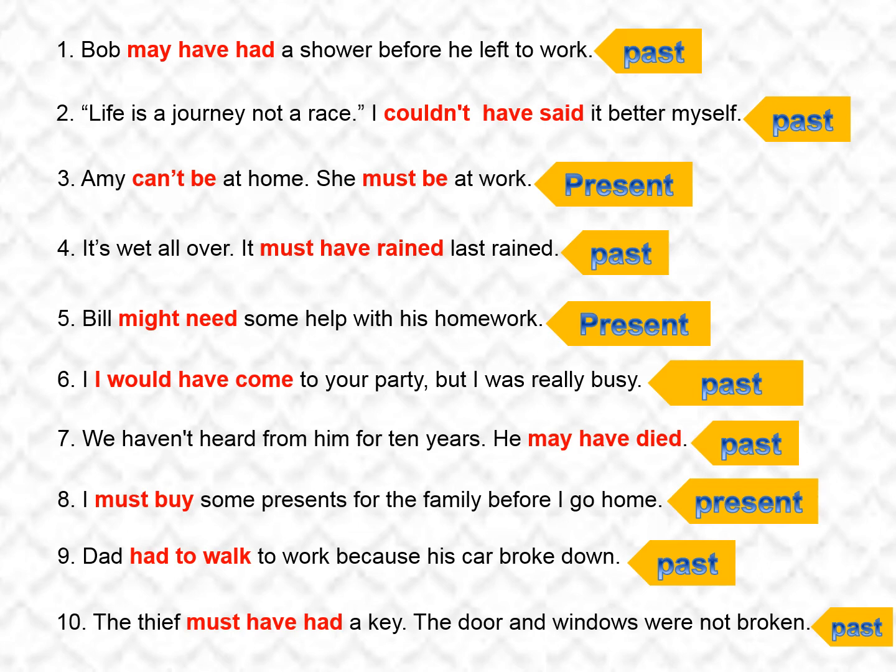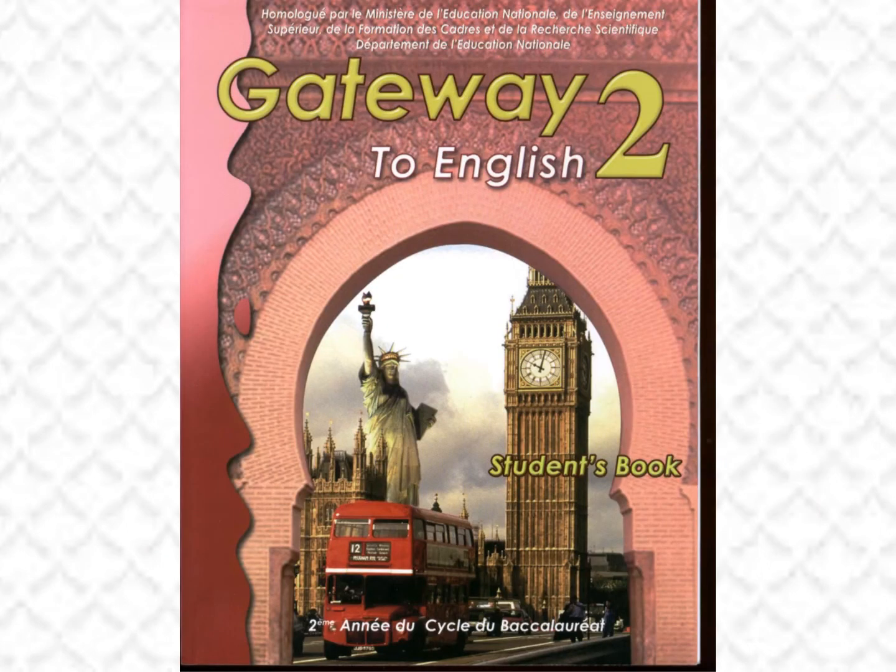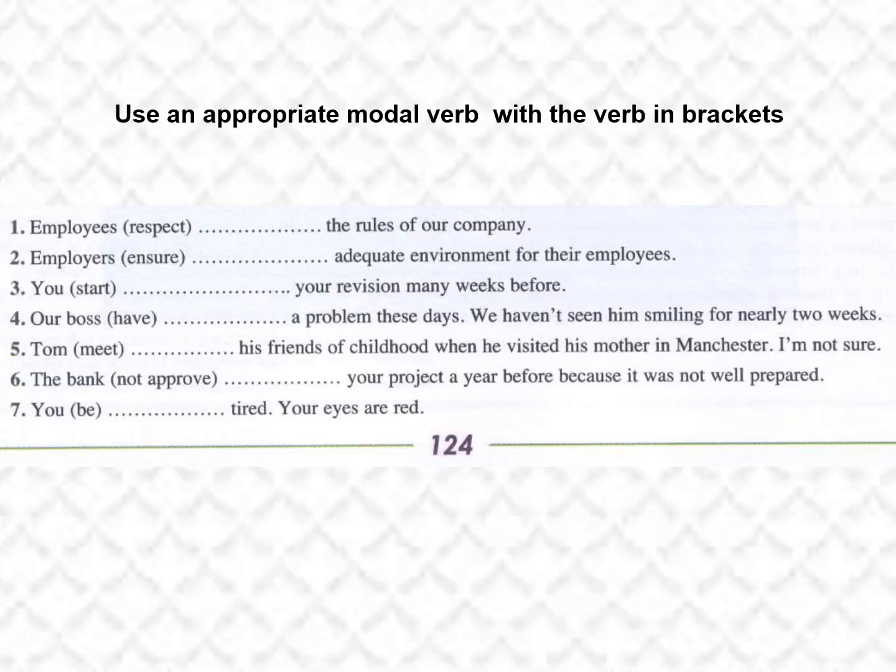Okay, now let's go to your book, page 124, and do a few exercises. The first one says use an appropriate modal verb with the verb in brackets. So employees must, can, should, have, etc. respect the rules of our company.